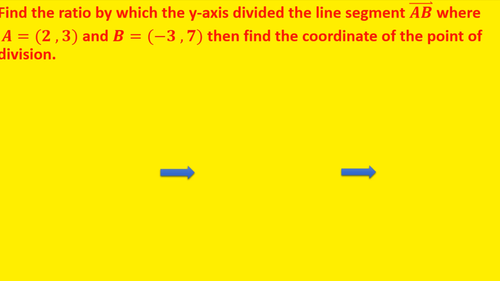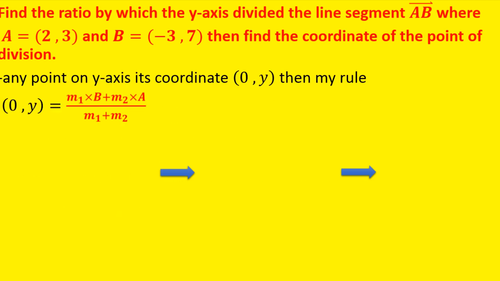Point C divides line segment AB. Where is this point? On the y-axis. So any point on the y-axis has coordinates 0 and y. This point divides line segment AB.